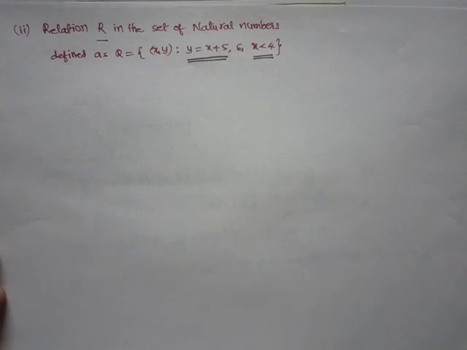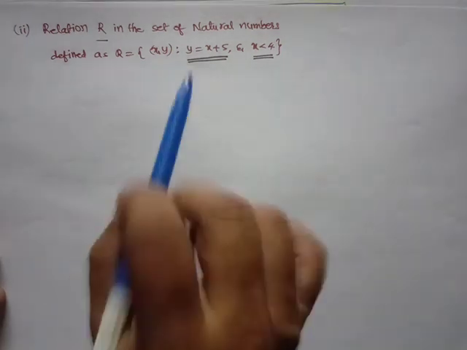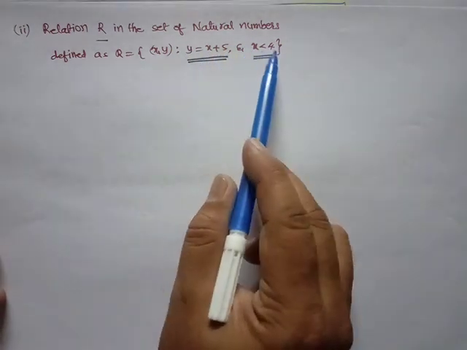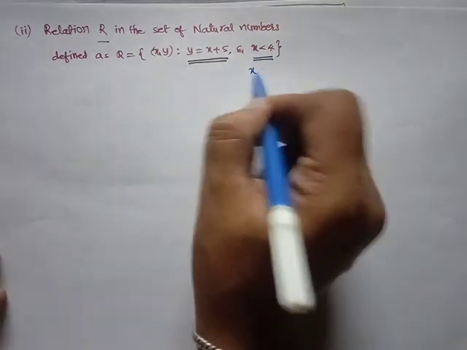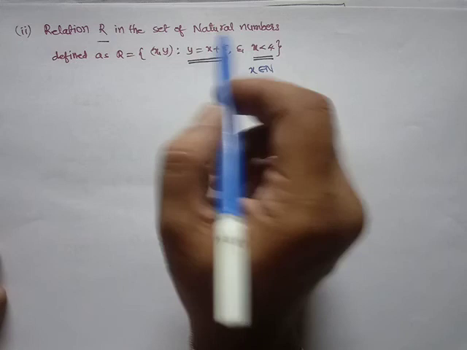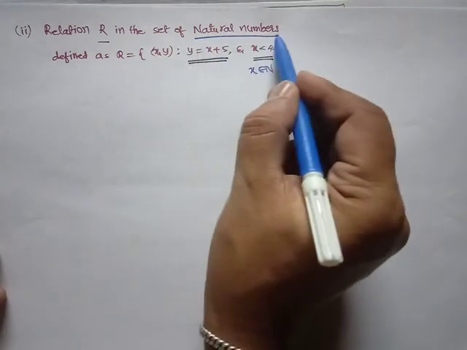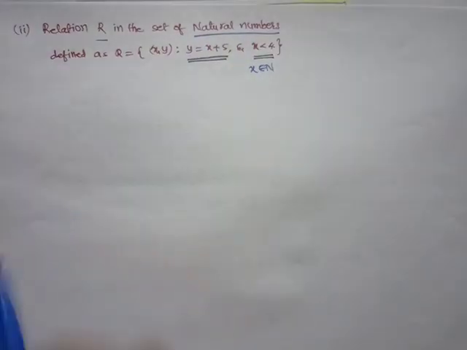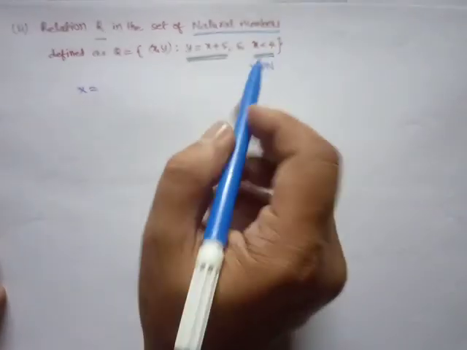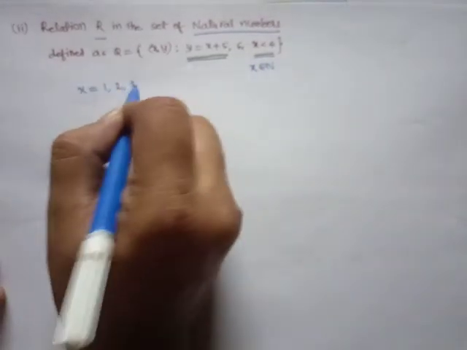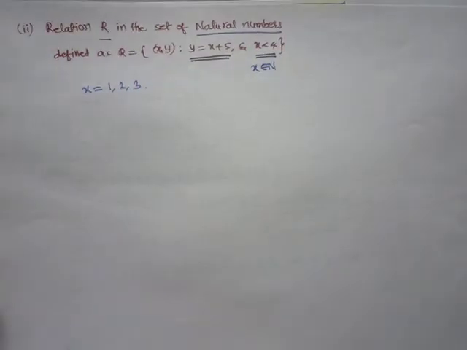Here x is less than 4 and x belongs to natural numbers because it is defined on the set of natural numbers. It will take up the values only 1 to 3.